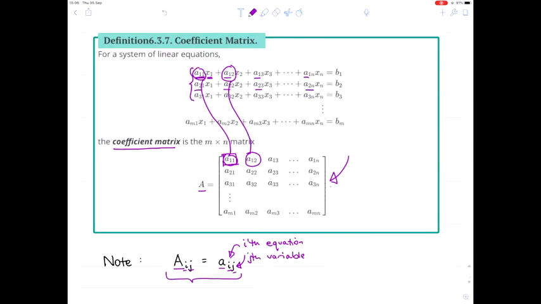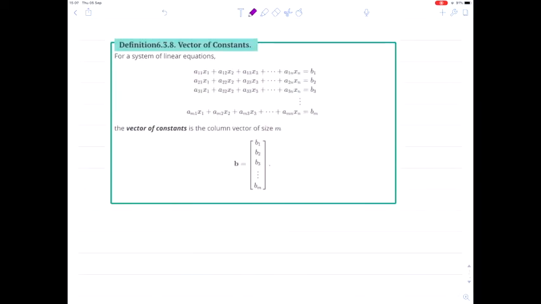And this is pretty standard notation using these subscripts. The next thing we need to do is be able to talk about our constants in our linear equations. And as you can see, we can conveniently write the vector of constants, which is going to be a column of size m.